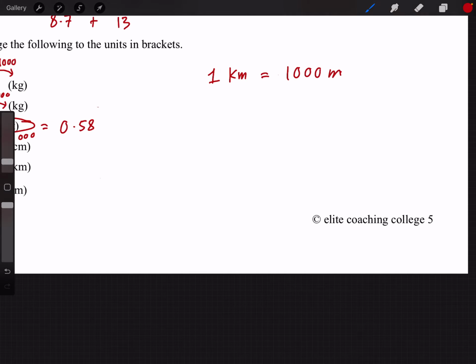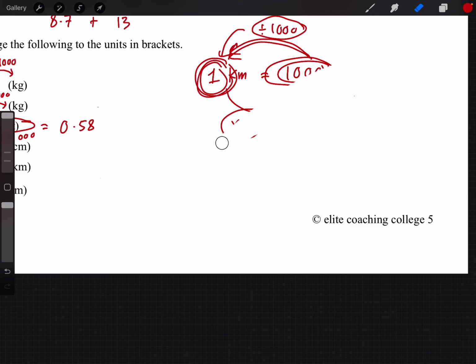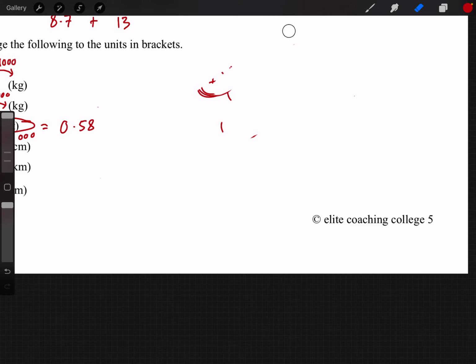If you want to go from meters to kilometers, we always divide by 1,000, because 1,000 divided by 1,000 gives you 1. If you want to go from kilometers to meters, you times it by 1,000, because 1 times 1,000 is 1,000. So you go back and forth, depending on which way you're going. Meters to kilometers, divide. Kilometers to meters, you times. The conversion rates tell you how much to divide or times.